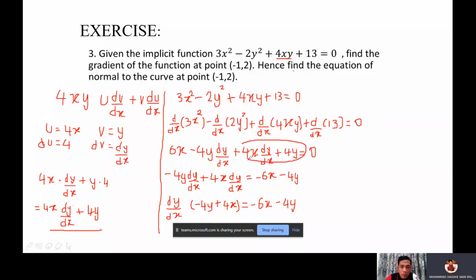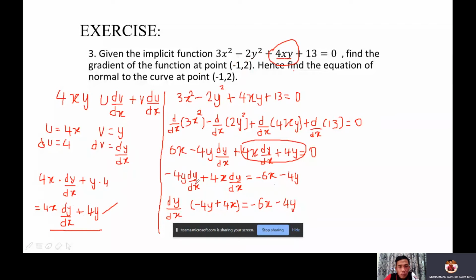This is the answer from the product rule that we have done for 4xy. So we just put down the answer of the product rule in this equation, and we solve the problem. We rearrange the equation like that.